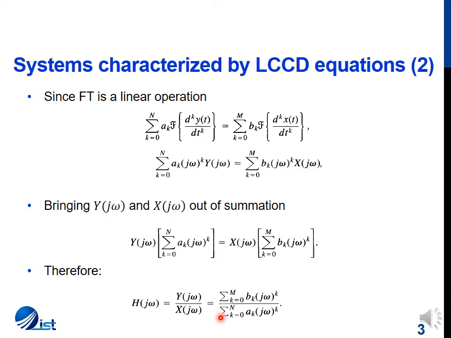So we can write the frequency response directly by observing the LCCD equation. Now this H(jω) can be used to determine the output given any input, or it can be used to solve the LCCD equation given certain conditions.